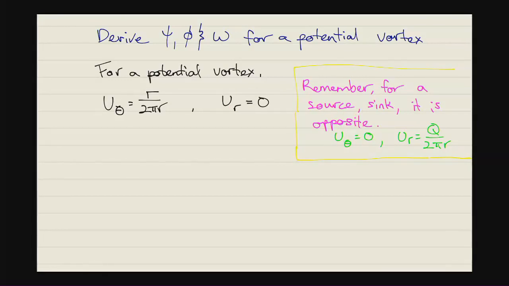Okay, and for potential vortex, your azimuthal velocity is just gamma divided by 2 pi r. And for a source and sink, your radial velocity is just q divided by 2 pi r.